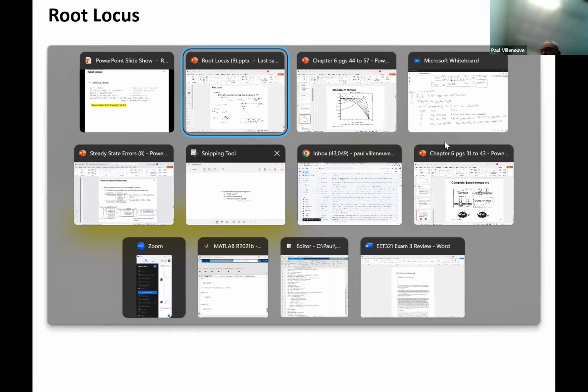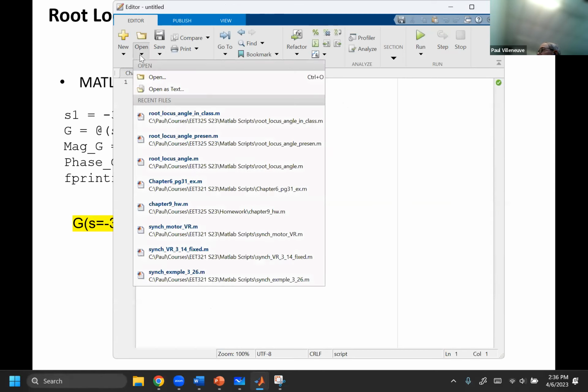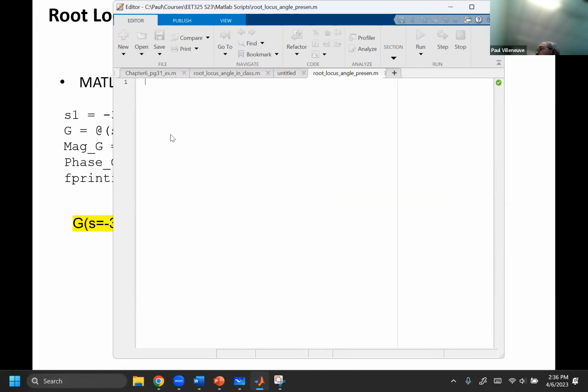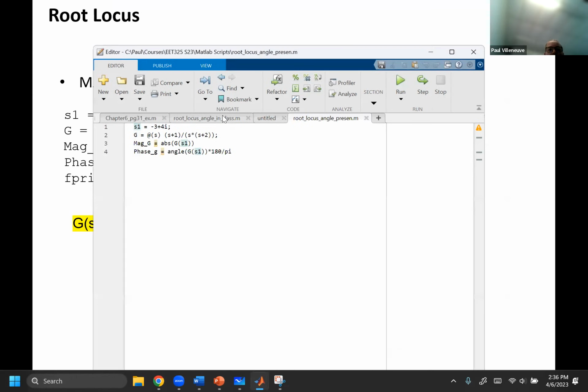So let's bring up MATLAB. I'll show you, because just because that's what it says on the slides doesn't necessarily mean it's correct. All right, so here is my file. I just cleaned it up a little bit to simplify it.